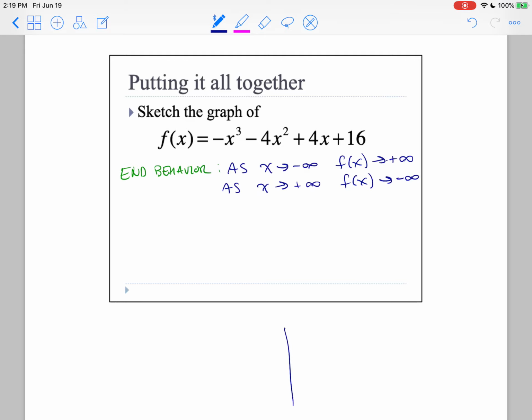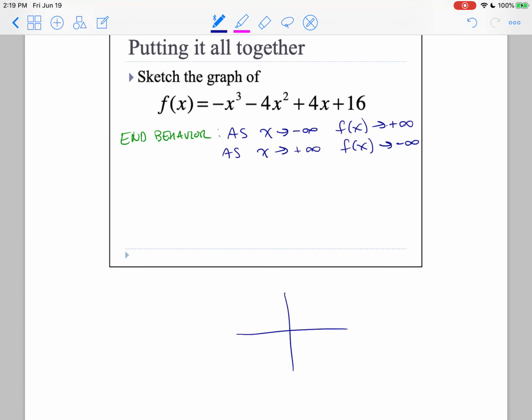So I'm just going to do a rough sketch down here, and then I have graph paper on the next page that I'll use. But basically this graph is going to start high, end low, okay?